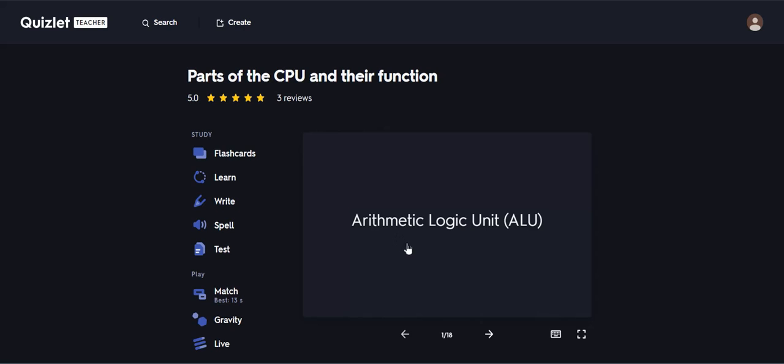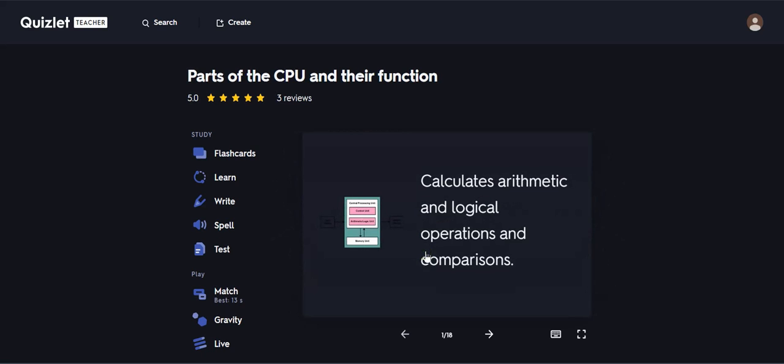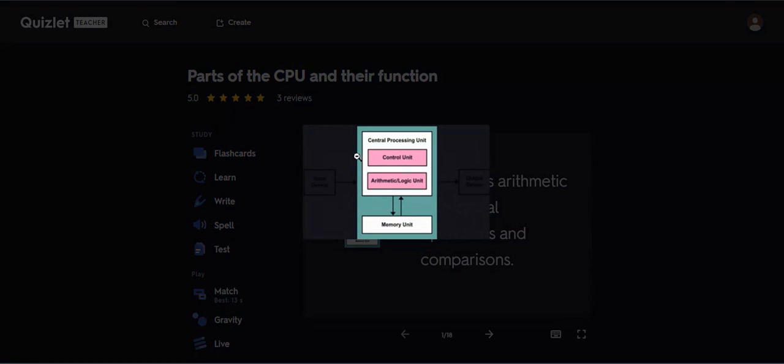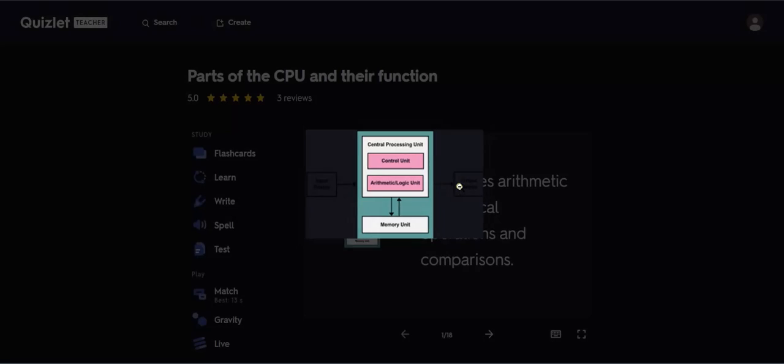And the arithmetic and logic unit carries out all the arithmetic and logical calculations as well as comparisons. Alright, so the CPU, think of it as a big square like this, and it has two main parts I want you to think of at this point in time. The two parts are the control unit and the arithmetic and logic unit.